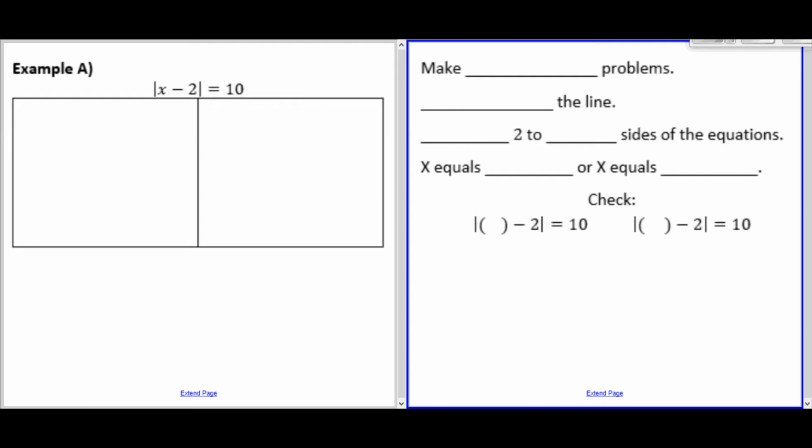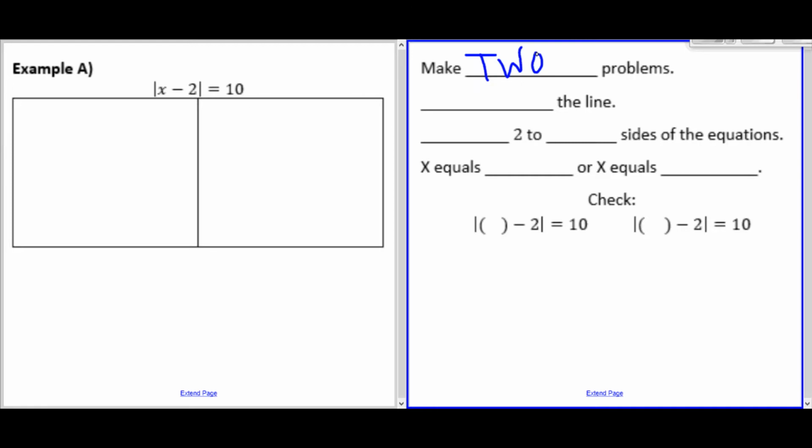On the left side, I'm going to work out the problem. On the right side, I'm going to explain what steps I'm taking to solve it. For all absolute value equations, you want to start off by making two problems.